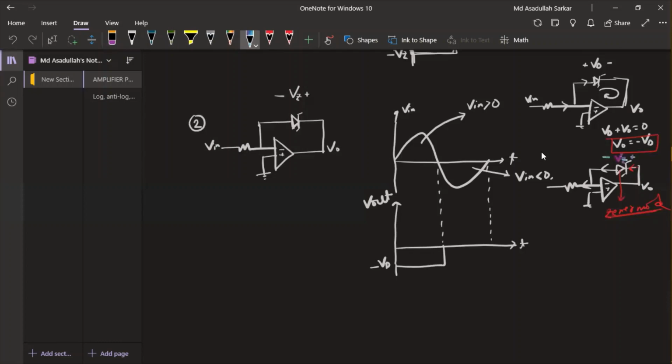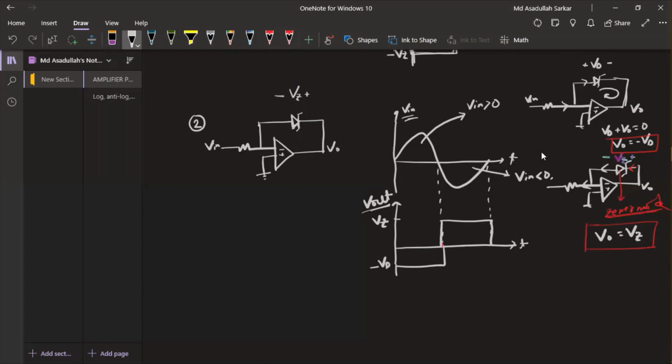If we make a loop here, we will easily find that V output is equal to Vz. So this is the expression of V output when our input voltage is negative. The output will be Vz here, and here is V input.